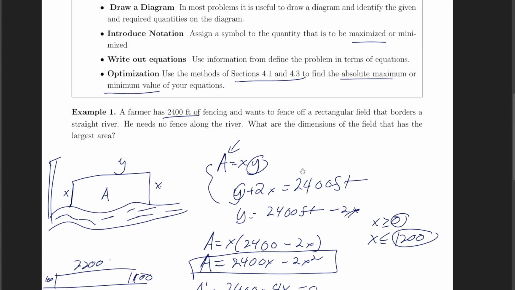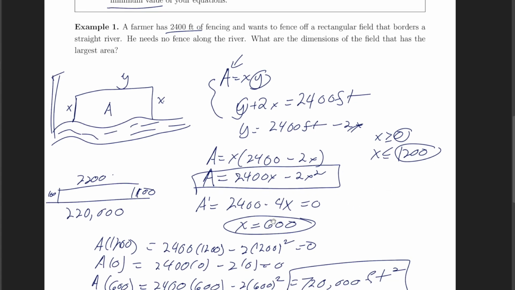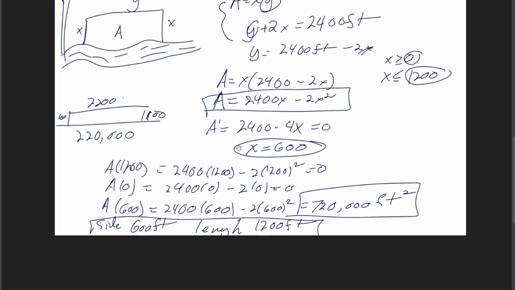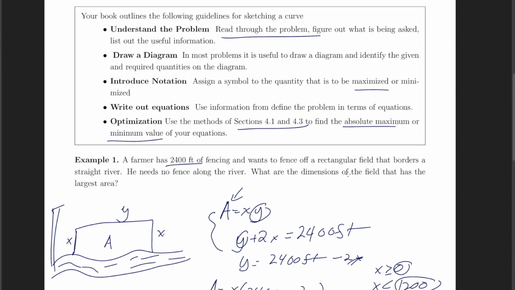Here our area is x times y, and if we add up all our fencing, y plus 2x, since we don't need to use this side, is 2,400 feet. Then we try to make it into a single equation which we can optimize, by finding the critical points and the endpoints. We test all those points, and we pick whichever one is the max or min. All right, so we're going to do this all again on the next page.